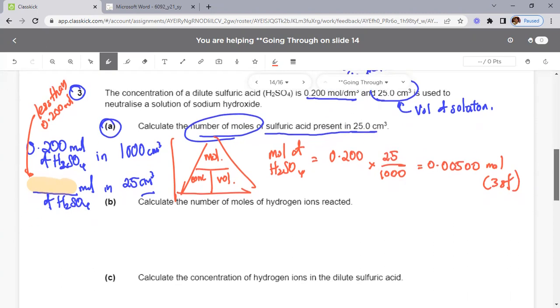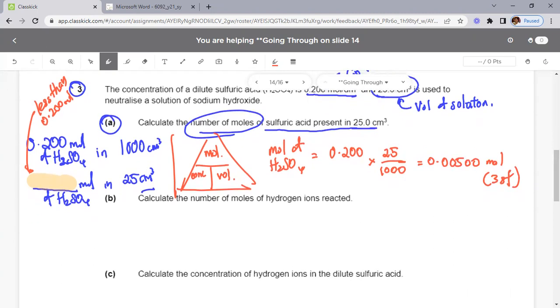I'm going to do part B over here. Find the number of moles of hydrogen ions reacted. Part A you have done already. I just want to show you the link from how the H2SO4, sulfuric acid, suddenly becomes hydrogen ions.